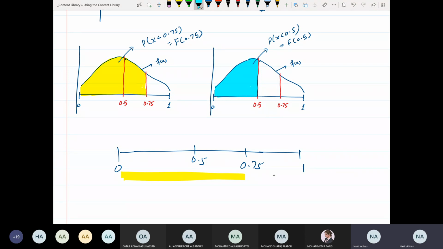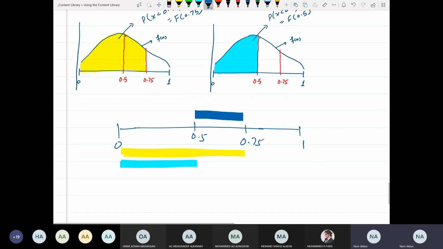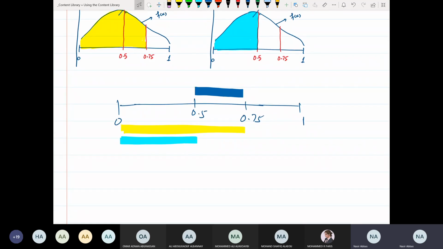And the blue one is less than or equal to 0.5. And you are interested in this one from 0.5 to 0.75. So I can say that the probability of this one is equal to this minus this.